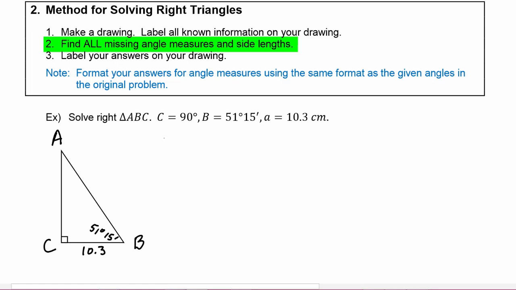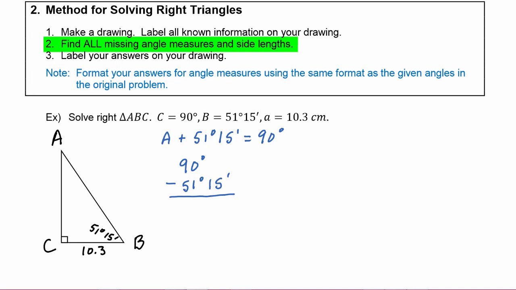So we know that angle A plus 51 degrees 15 minutes has to be 90 degrees. So then that means we can do the subtraction. We have 90 degrees. We want to subtract away 51 degrees 15 minutes.